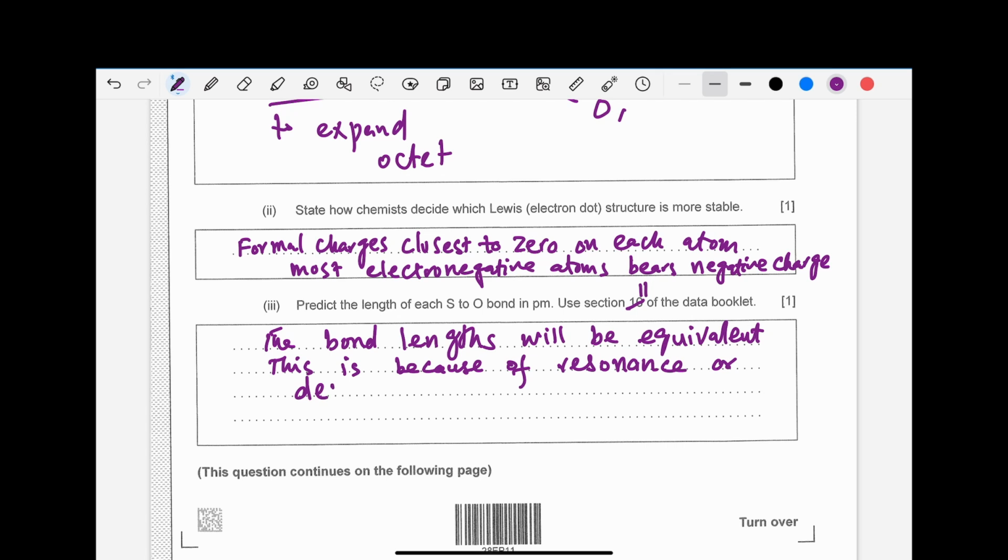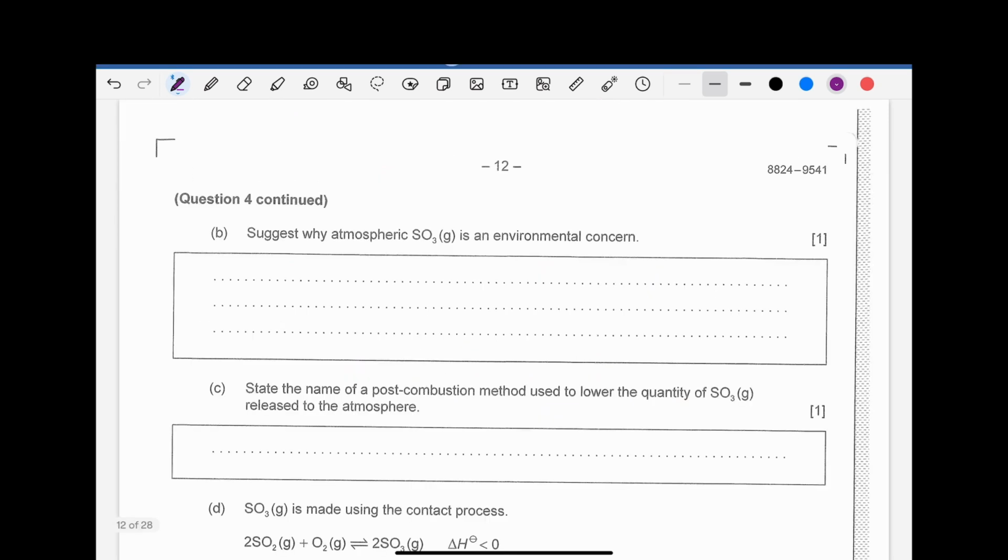So if we look in table 11, the bond length will be in between 143 to 161 pm.